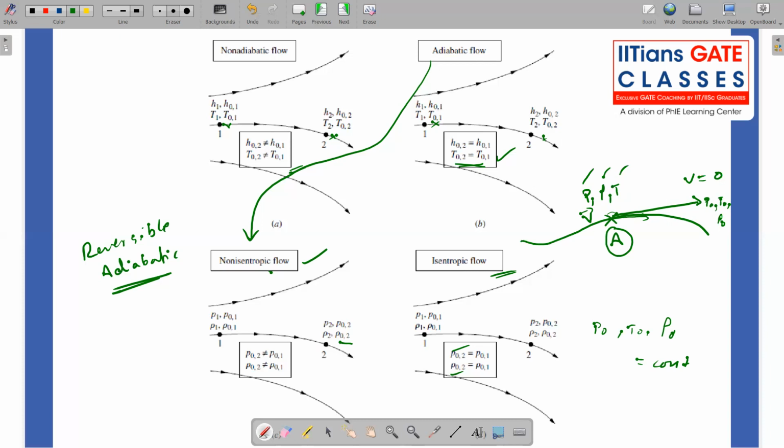So these can be defined quantities. This is important.